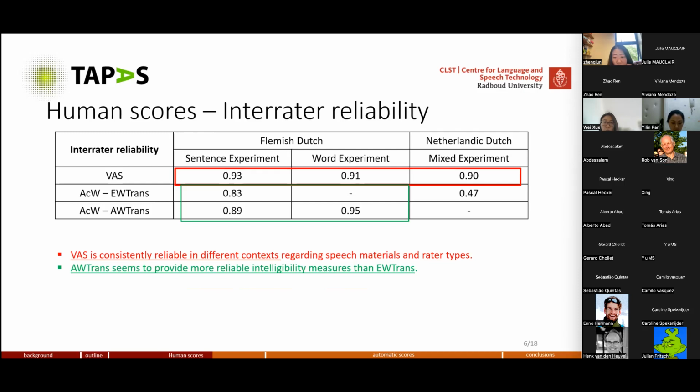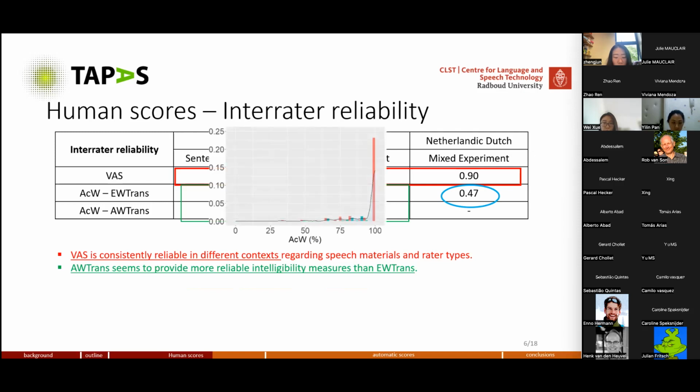Moreover, the reliability of the accuracy of words in the experiment for Netherlandic Dutch is very low, with only 0.47. In fact, we analyzed the distribution of the accuracy of word scores. The rather low reliability in this experiment was due to the very few variations in the scores.